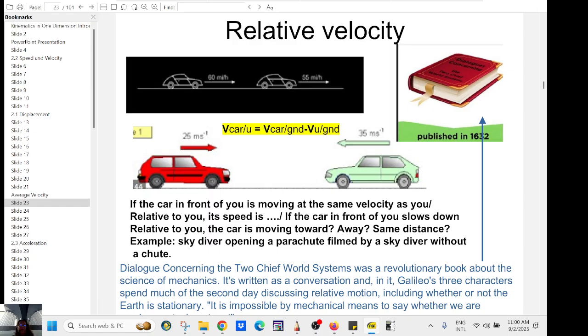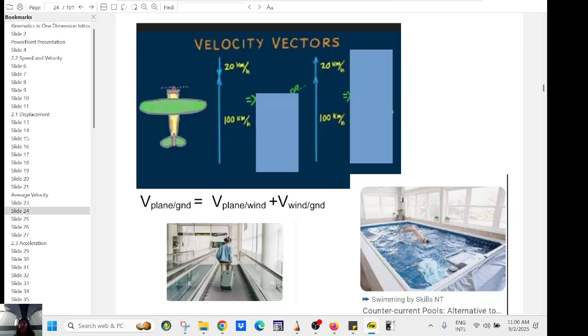The physics that we are learning was developed by Newton, but he based his work on the work of Galileo, who worked a lot on kinematics. There was this very famous book where he was discussing relative velocity.